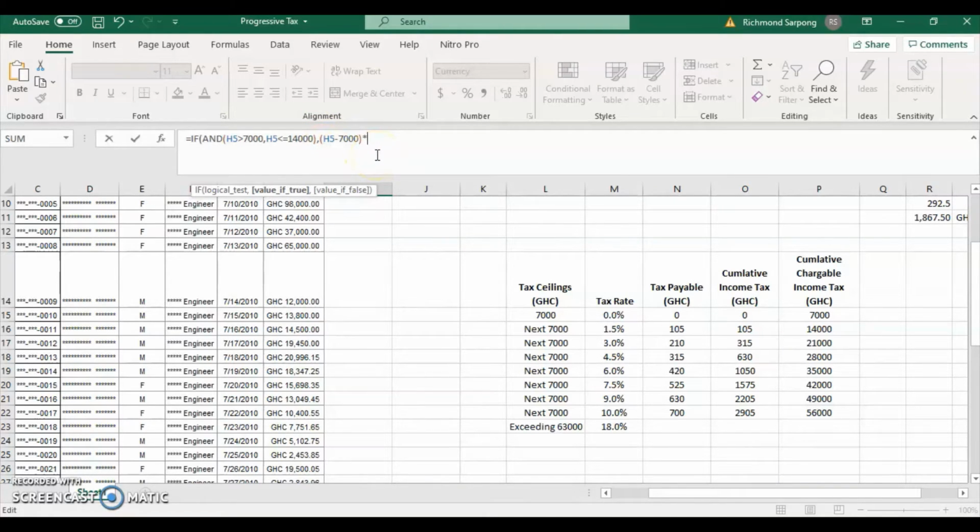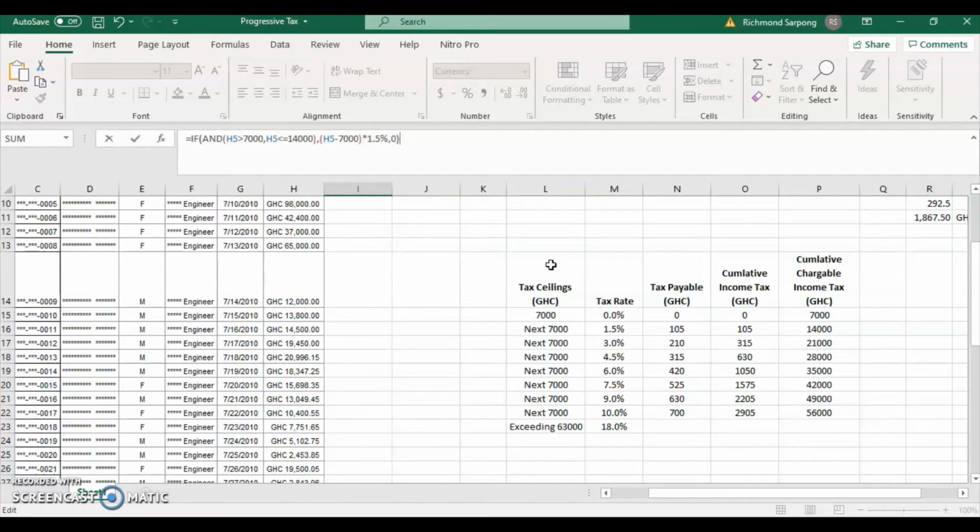Multiply that by 1.5. Do either the percentage sign or I can then I will say else 0. So that's the first function.